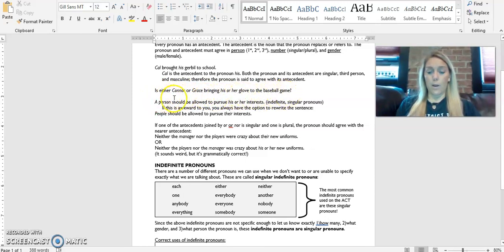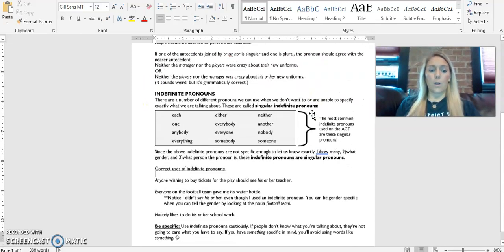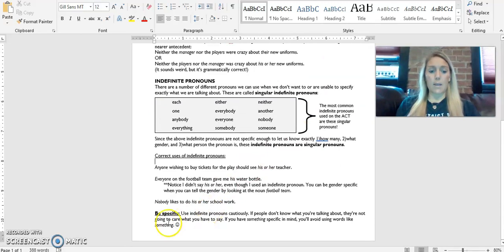You've got one boy, we're going to say one boy, and one girl. So you have to still say his or her, right? If you look at the bottom down here, it says to use indefinite pronouns cautiously. Whenever you can be specific when you're writing, be specific, okay?